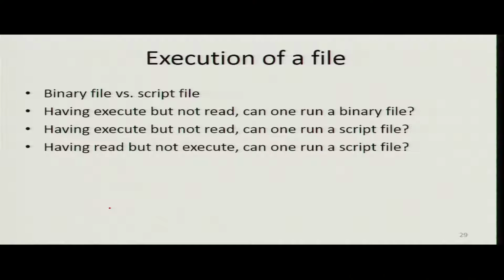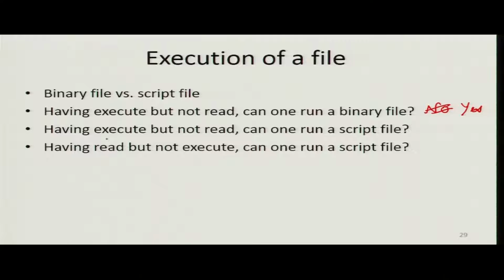So, here are some interesting questions. Suppose a file has execute but not read permission, for let us say the owner or maybe the group or for the world. Can somebody who has that permission, execute permission but not read, run a binary file? And the answer is no, they cannot. No, sorry, yes, they can.